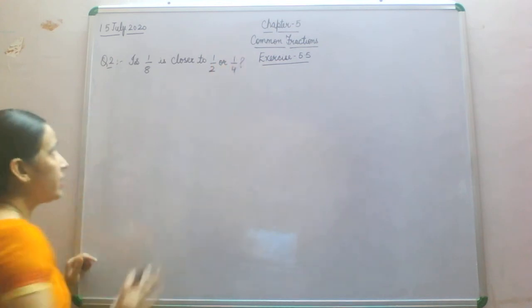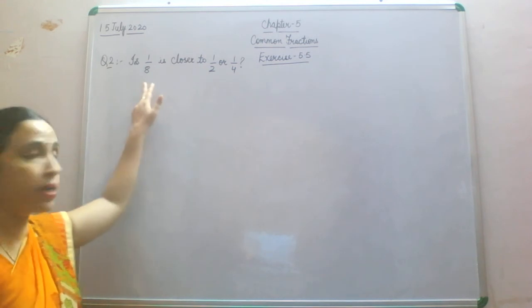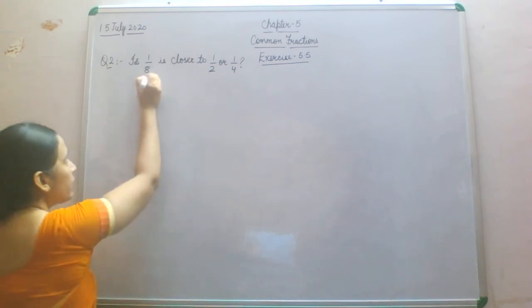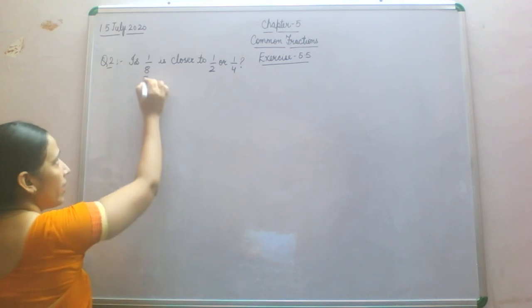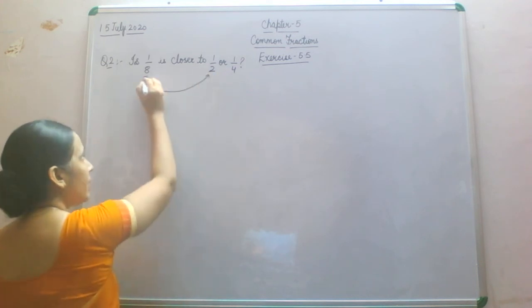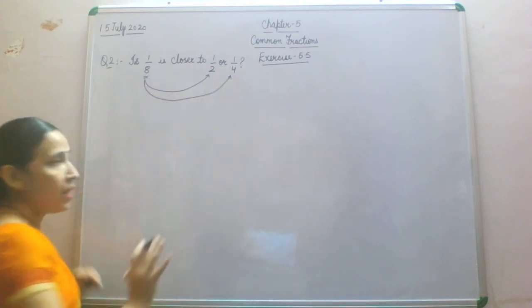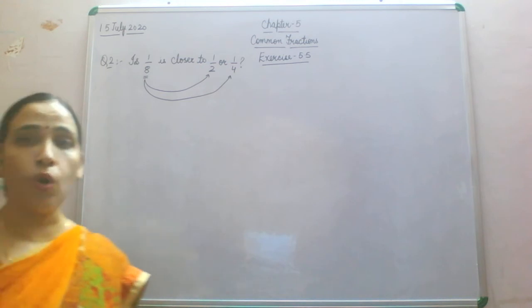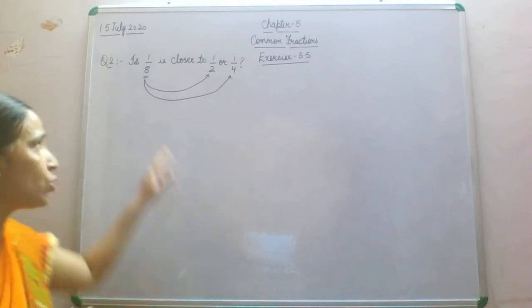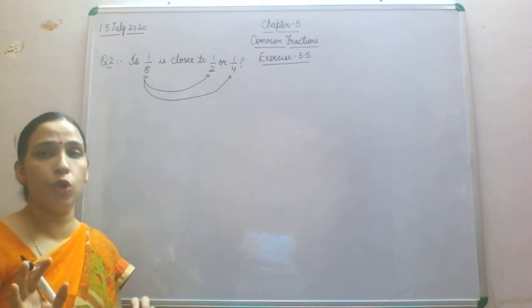Now here you can see that 1 by 8 is given to you. This is your given fraction. This fraction you have to compare with 1 by 2, and simultaneously 1 by 8 you have to compare with 1 by 4. So first of all, for comparing these two fractions with 1 by 8, you must have the same denominator.